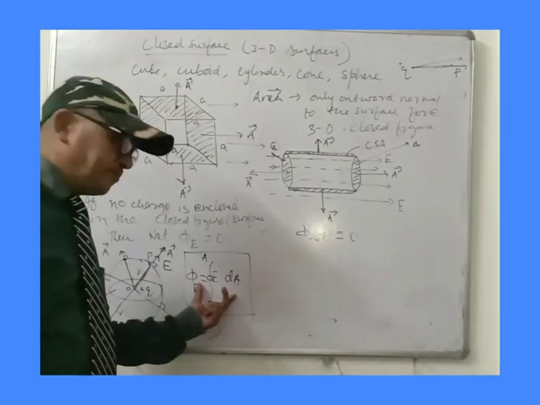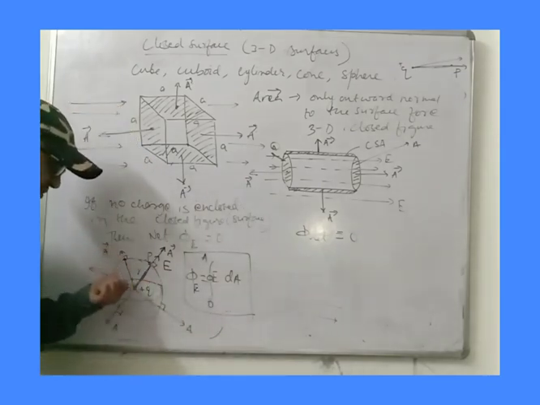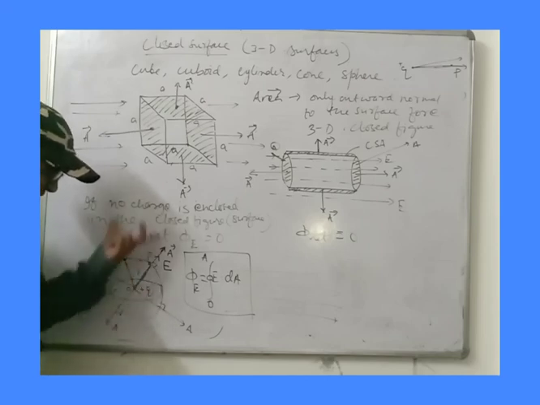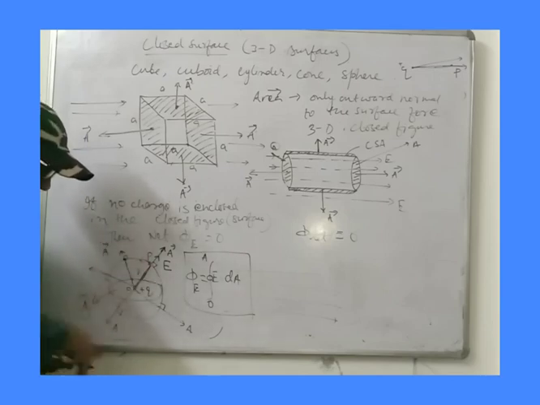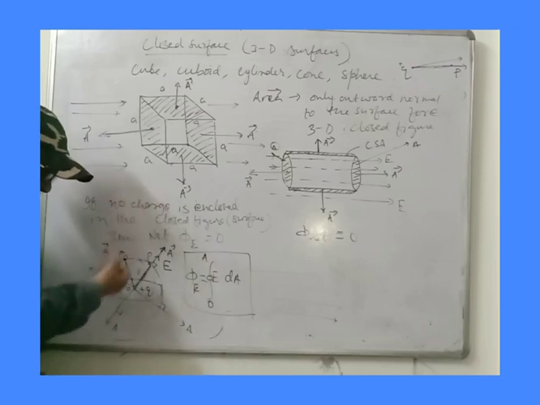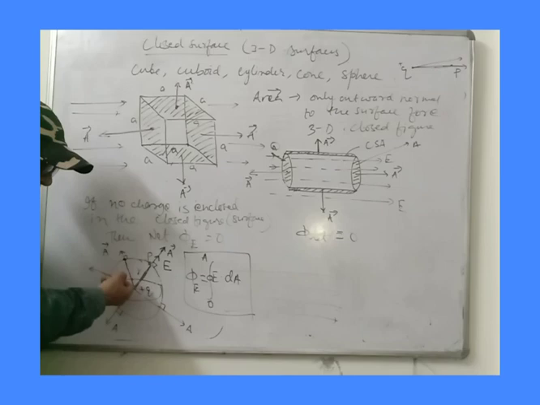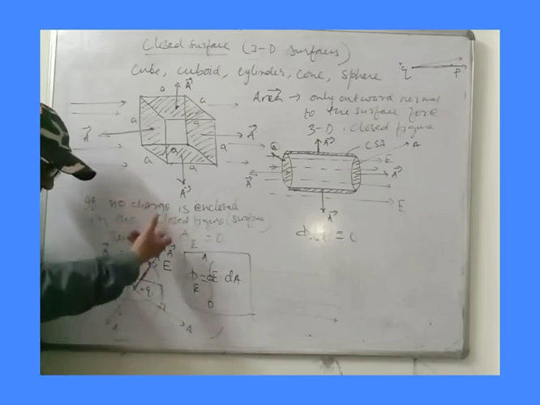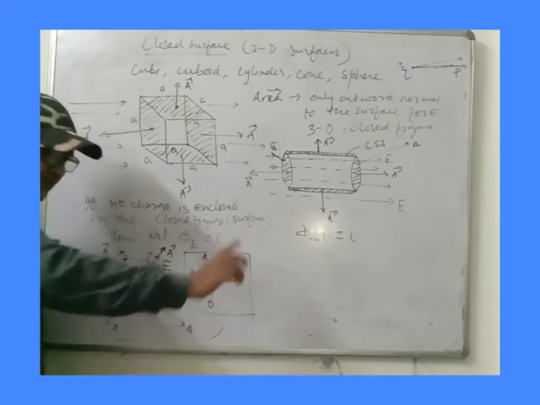And this is for a closed surface which encloses a charge, and electric flux, because electric fields are originating from here. Electric flux emerging out of the surface, crossing the surface. Or you can say electric flux linked with the surface is given by the surface integral of E dot dA.